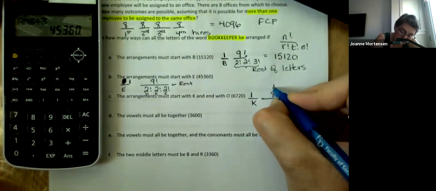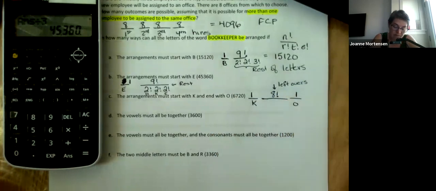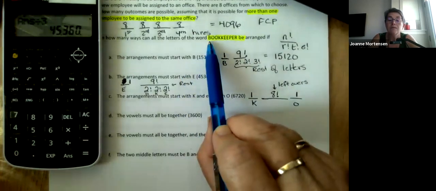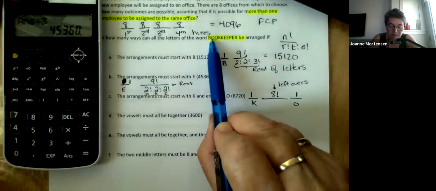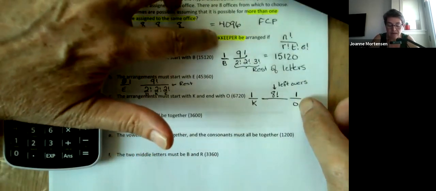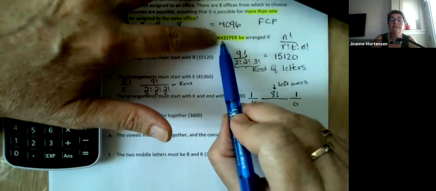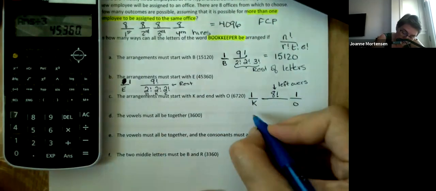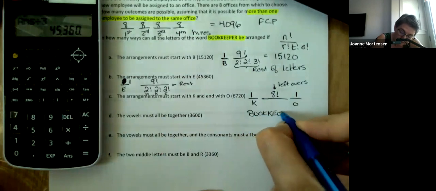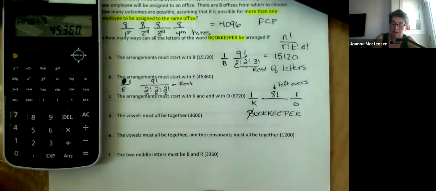Right, so this is my leftovers. Now, I don't have to worry about the B. There are 2 O's, but I already used one of them, so I don't have to worry about that for repeats. There are 2 K's. Okay, so the B doesn't repeat, don't have to care.